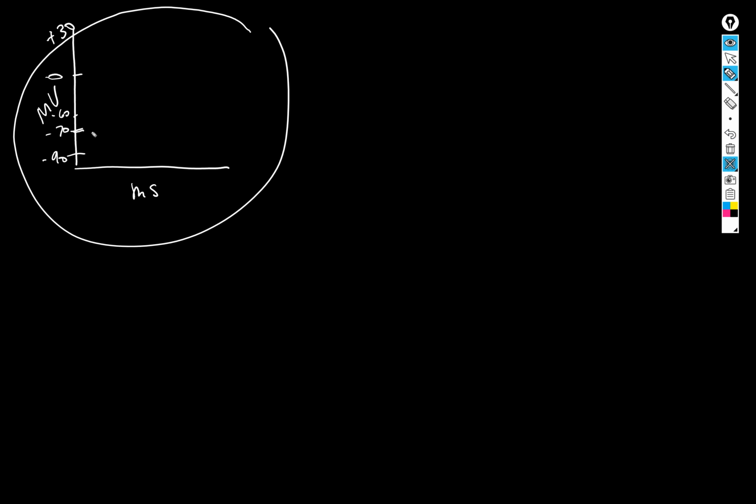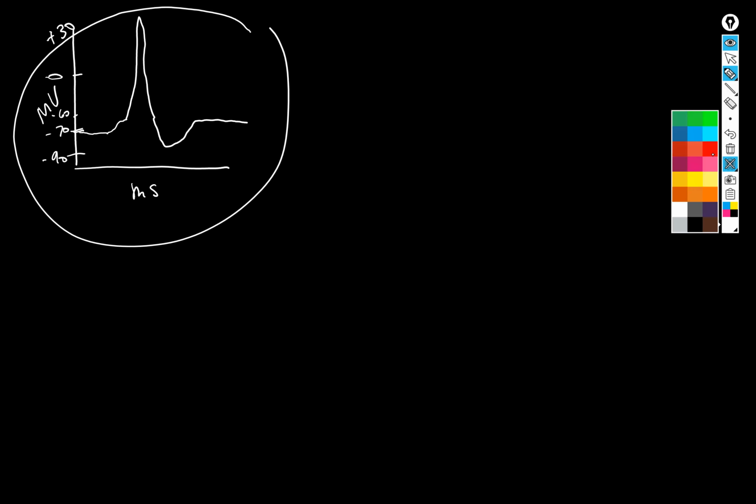Ever since 241, when we started talking about neurons and skeletal muscle, you keep seeing this chart with these numbers in the negatives and positives and milliseconds, and then you get these waveforms. But nobody ever tells you how those things are generated.